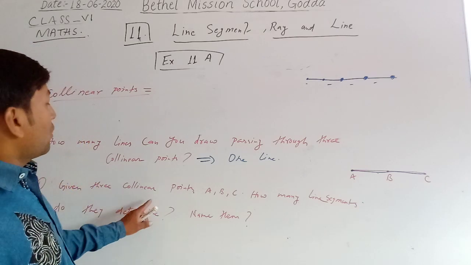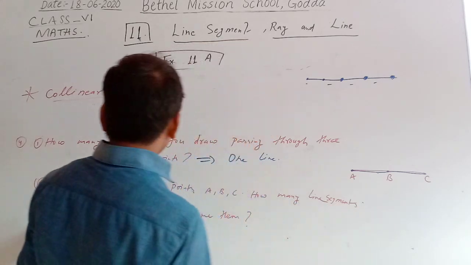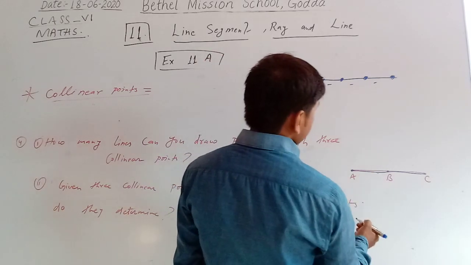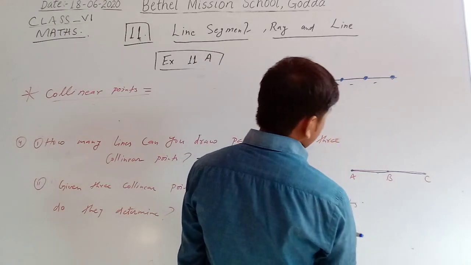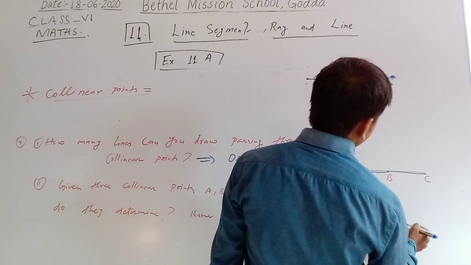Now given 3 collinear points A, B, C, how many line segments do they determine? Name them. So how many line segments do you have to write?